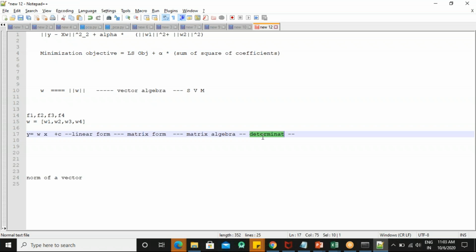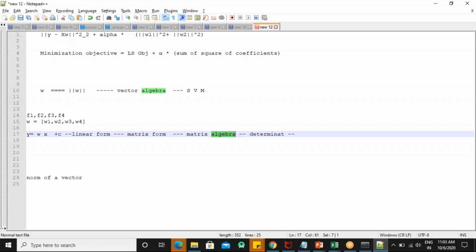I think you did all of these in PCA, because PCA cannot be done without matrix algebra. You didn't? Okay, then how did you calculate the covariance matrix? In PCA the entire logic is to calculate the covariance matrix, and only then can you calculate everything.